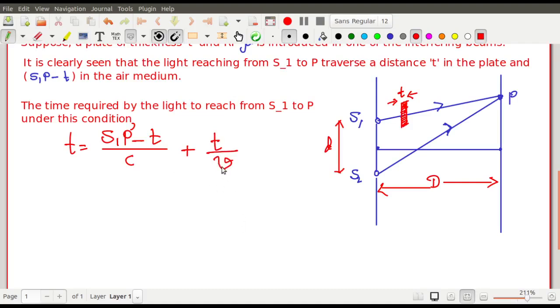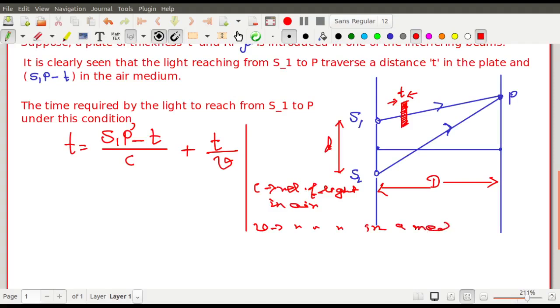So v is the velocity of light in this medium. Let us write it. C হচ্ছে velocity of light in air medium or vacuum, and V হচ্ছে velocity of light in a medium of refractive index mu. আচ্ছা একটু ঝামেলা হলো, so let me correct it. So I will definitely correct it.